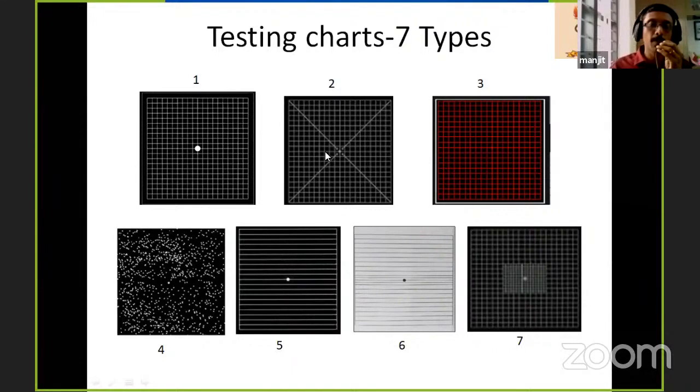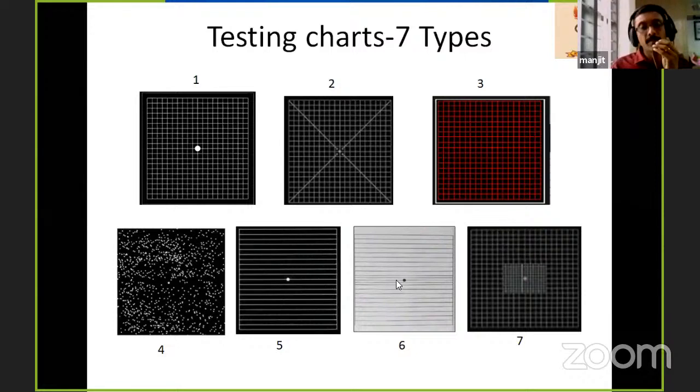The second one is used for people having poor central fixation. When they cannot fix on the central spot, when there is a central scotoma, you use two diagonal lines and ask the patient to look at the probable site of intersection of these two lines. The third one has red lines on a black background. This is especially useful to detect color saturation, or in optic nerve lesions, where the loss of red lines may be better appreciated. The fourth chart, instead of lines, has random dots on a black background, and it is used to differentiate metamorphopsia from scotoma.